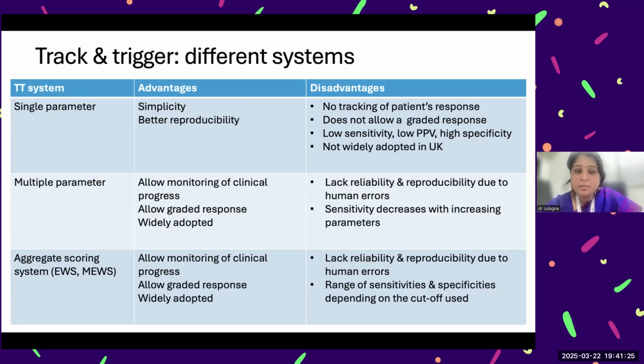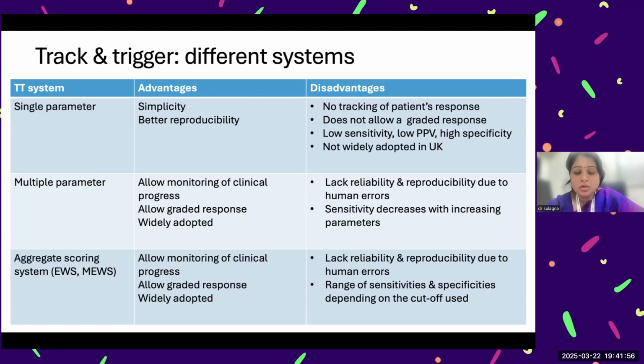Coming to the multiple parameter system, they allow monitoring of clinical progress, allow graded response, and are widely adopted, but they lack reliability and reproducibility due to human errors, because a lot of human effort needs to be put in to interpret these multiple parameters. And they are not so sensitive because they need multiple parameters. So all parameters may not be present at the same time in a deteriorating patient, and that may be missed.